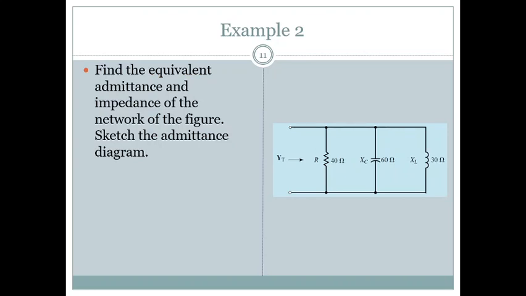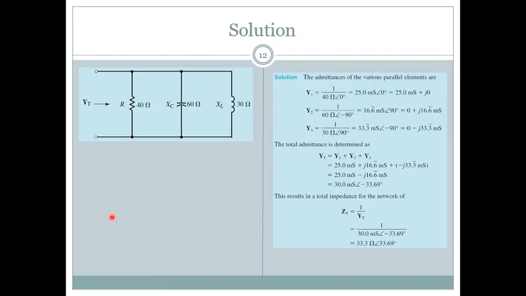Now find the equivalent admittance and impedance of the network of the figure. Sketch the admittance diagram in here. I'm not going to do this again because the answers are available in the PowerPoint. We will look at how to do that.